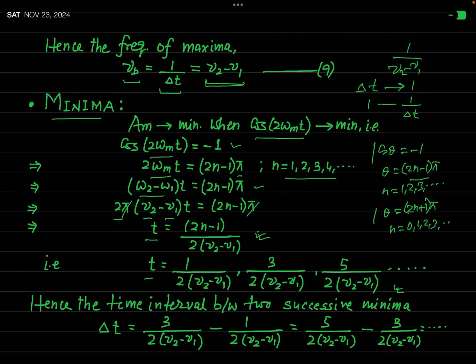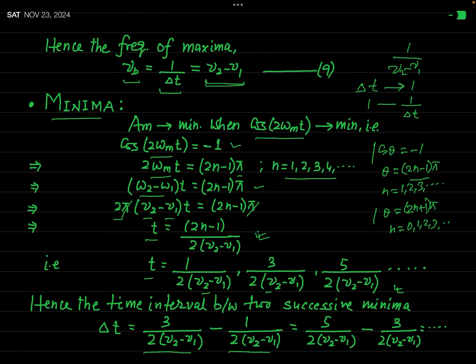Again, you will see that the time interval between two successive or consecutive minima will be constant, and that will be the same as the time interval between two successive maxima. For this, let us see the time interval between the first minimum and the second minimum. For getting this, we subtract 1 over 2 times (nu 2 minus nu 1) from 3 over 2 times (nu 2 minus nu 1).